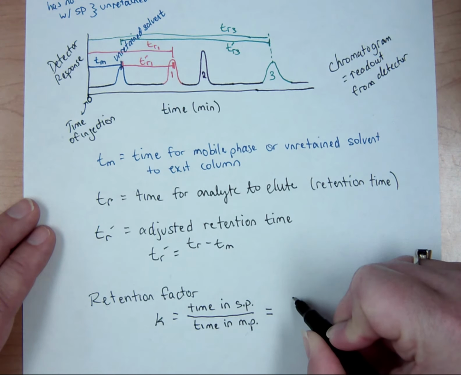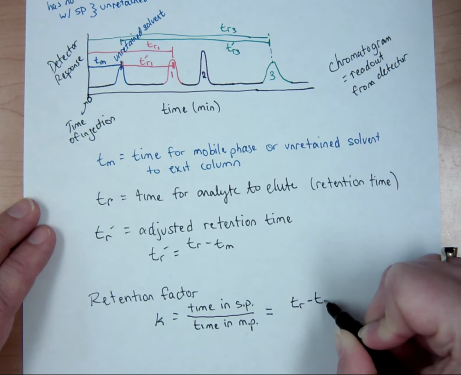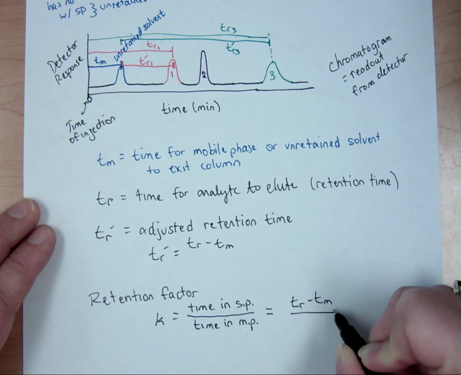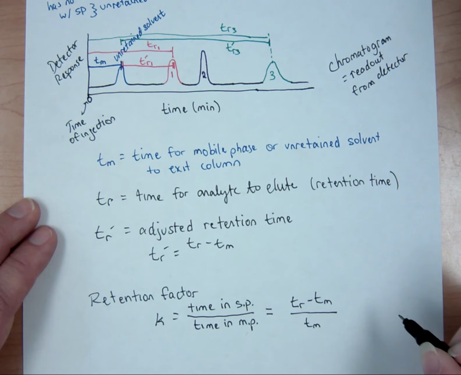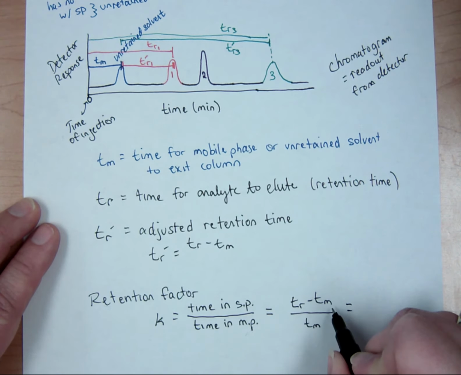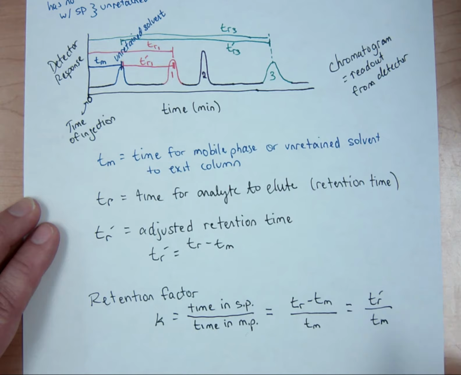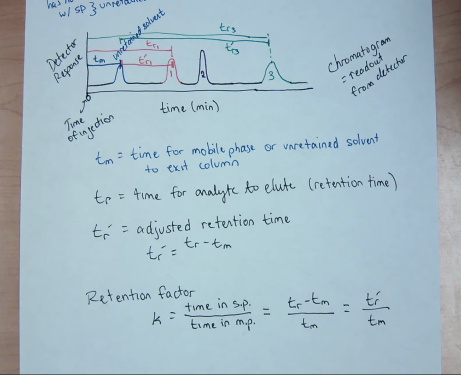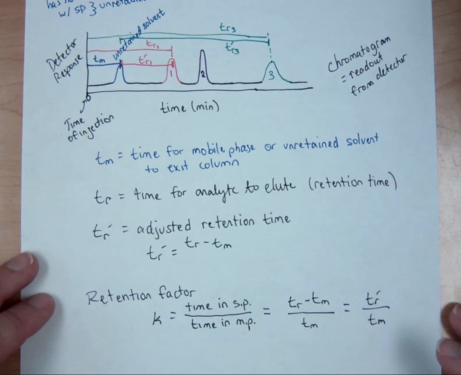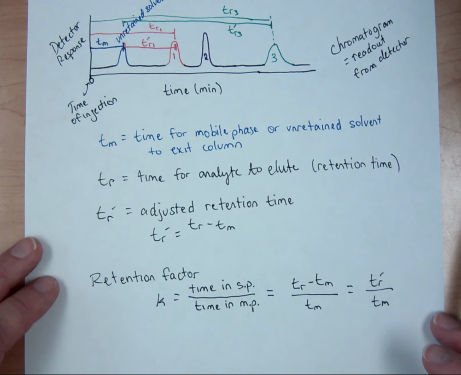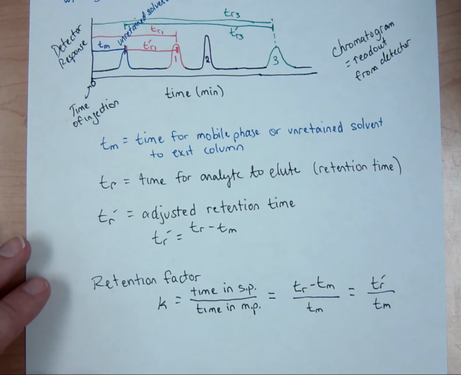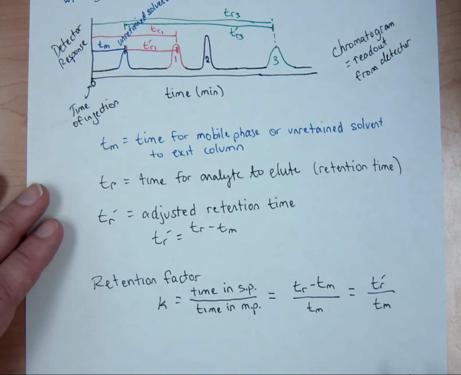And so what we use for this is TR minus TM, that's our retention time minus that unretained solvent, relative to the unretained solvent. And we can see TR minus TM is the same as our adjusted retention time over TM. So we can get a retention factor for each individual analyte. So we would have a K1, a K2, and a K3 here. But we can compare those retention factors to say something about which analyte is more strongly retained and what does that ratio look like? What extent is that difference between two analytes?